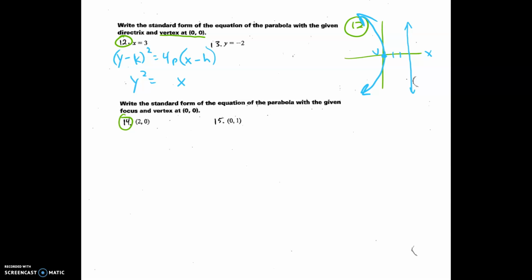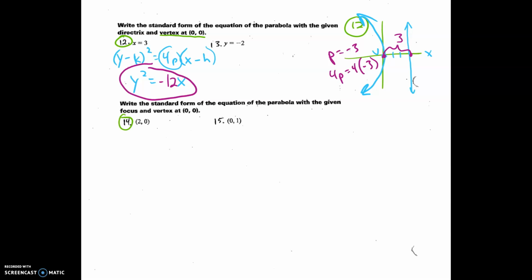So now I got to figure out what 4p is. Now remember what p is. P is, at least the absolute value is the distance between these two. That's 1, 2, 3, right? Well, I know that this is opening to the left. So that tells me p equals -3. So 4p equals 4 times -3, which is -12. And so there we go.